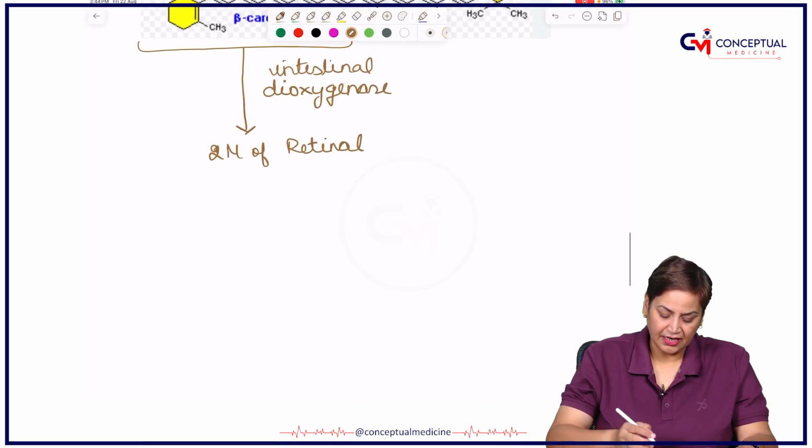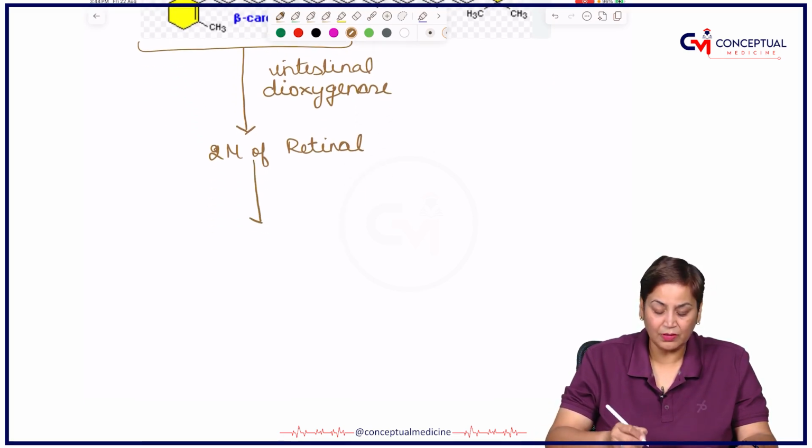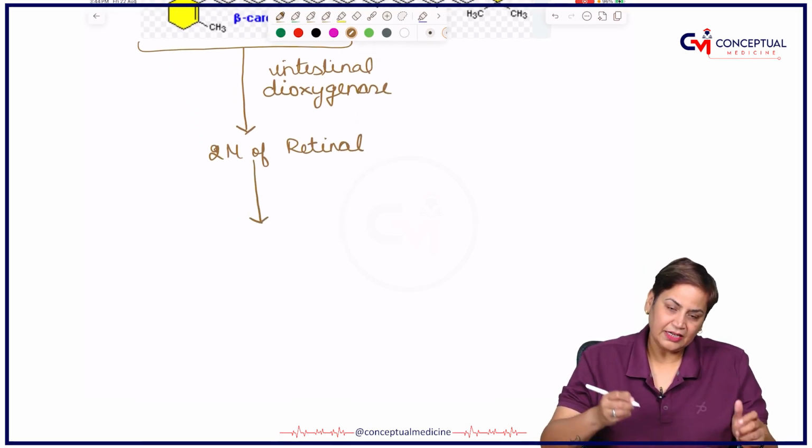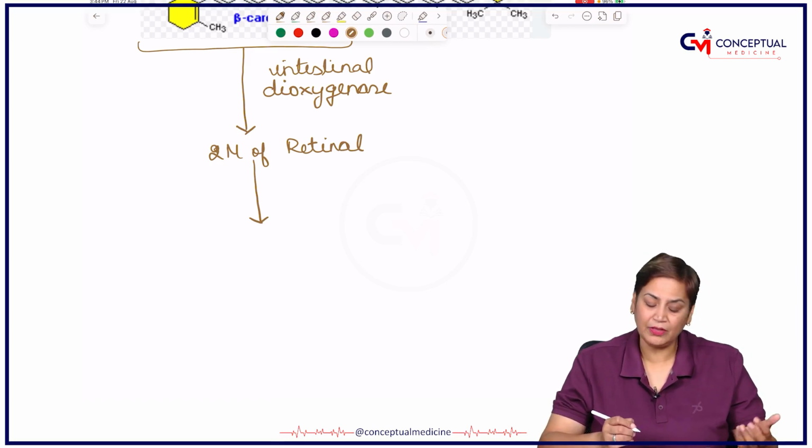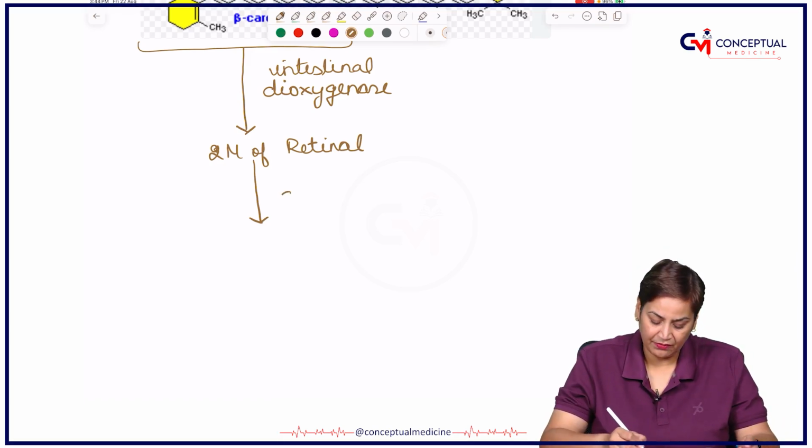And this retinal, since they are fat soluble vitamins, the moment they leave the intestine they will be taken over with the help of chylomicrons, right?